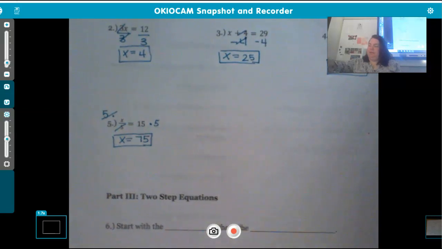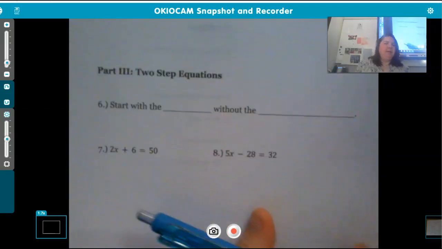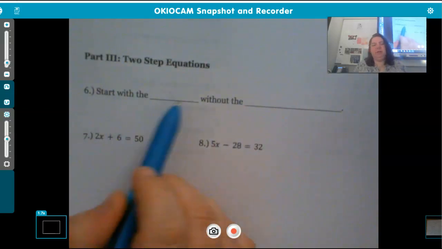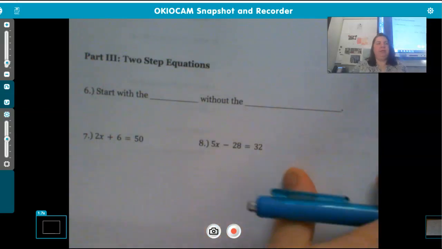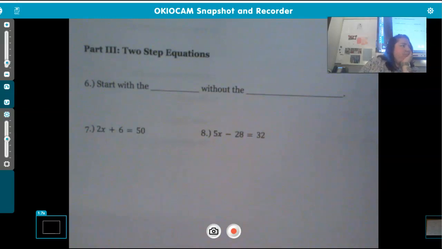Okay, let's look at part 3, two-step equations. Those were our one-step. Now we're on to the two-step. So we want to start with the blank without the blank. Who thinks they can fill those in? Both of these are words we had on the front page.